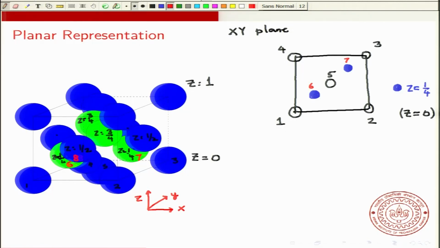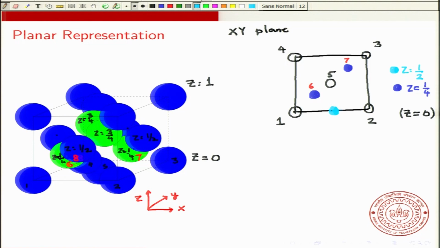Now the coordinate of atom number 8 will tell you that this atom is located at x equal to half, y equal to 0, z equal to half. So x equal to half and y equal to 0. Z equal to half I will show by this different color. So I will use the light blue color for z equal to half.